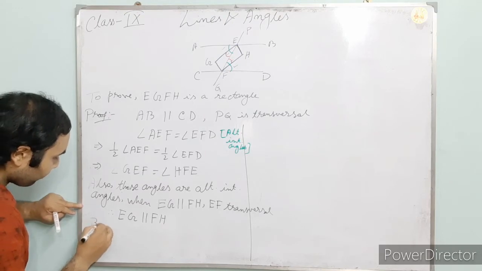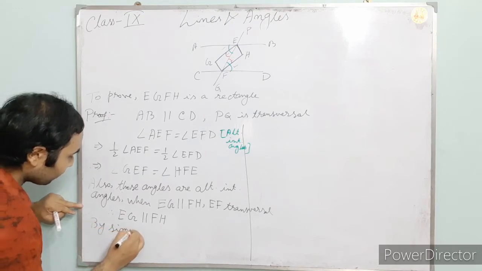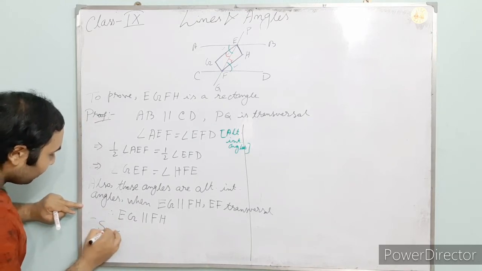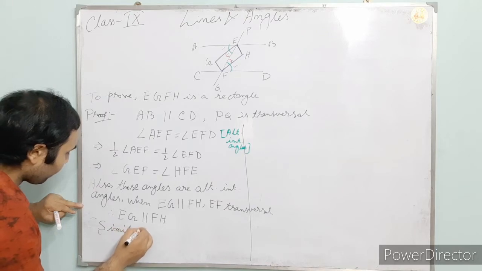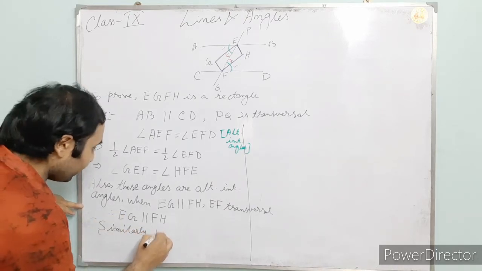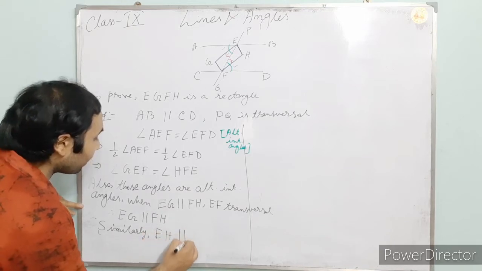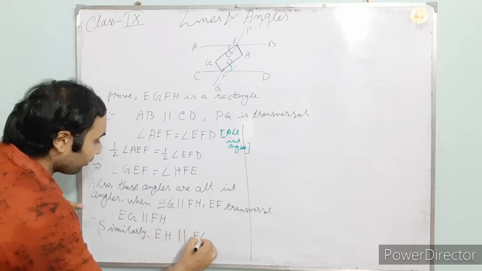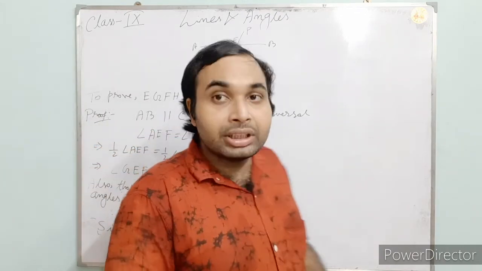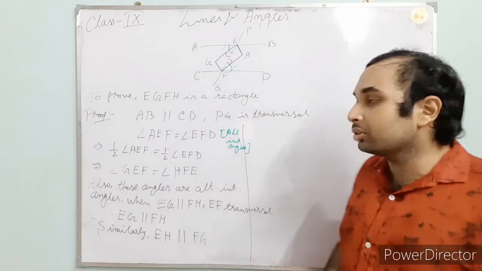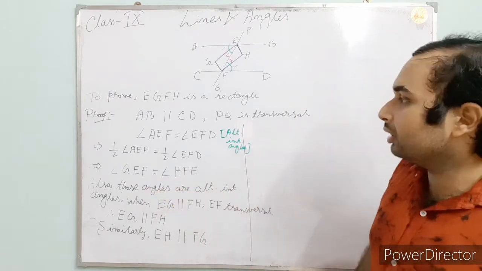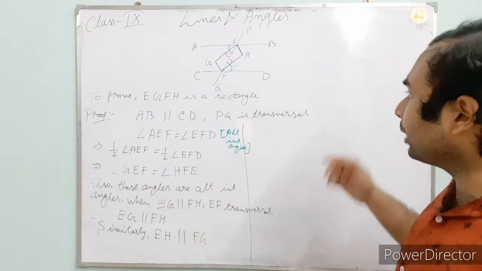So by similar logic, you can straight away write similarly, EH is parallel to FG. Whenever similar logic is used to prove another part, you can just write similarly.